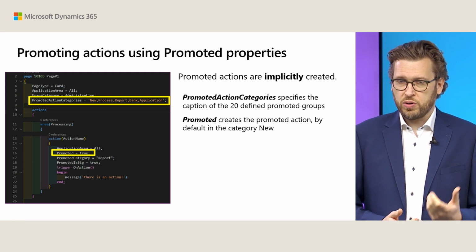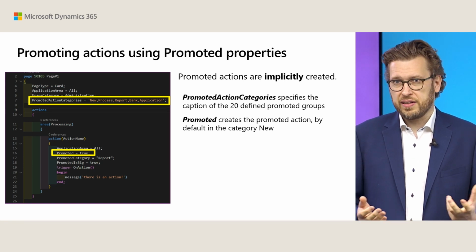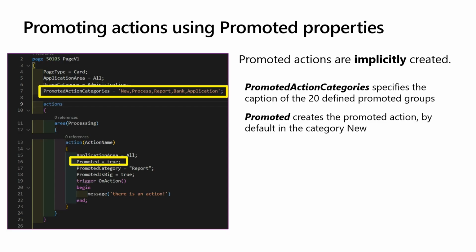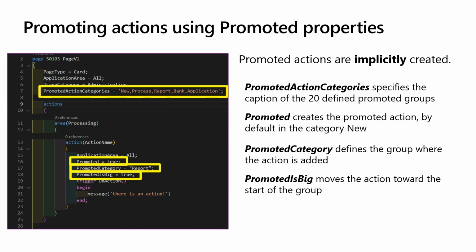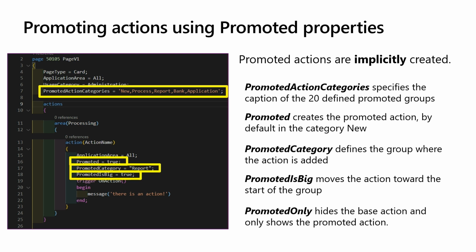You then set Promoted on the action to indicate that this action needs to be promoted. You specify the promoted category that the action should belong to. You can choose to have the promoted action be big and be moved towards the start of the group. And you can also control that the action is only shown as promoted via the PromotedOnly property.